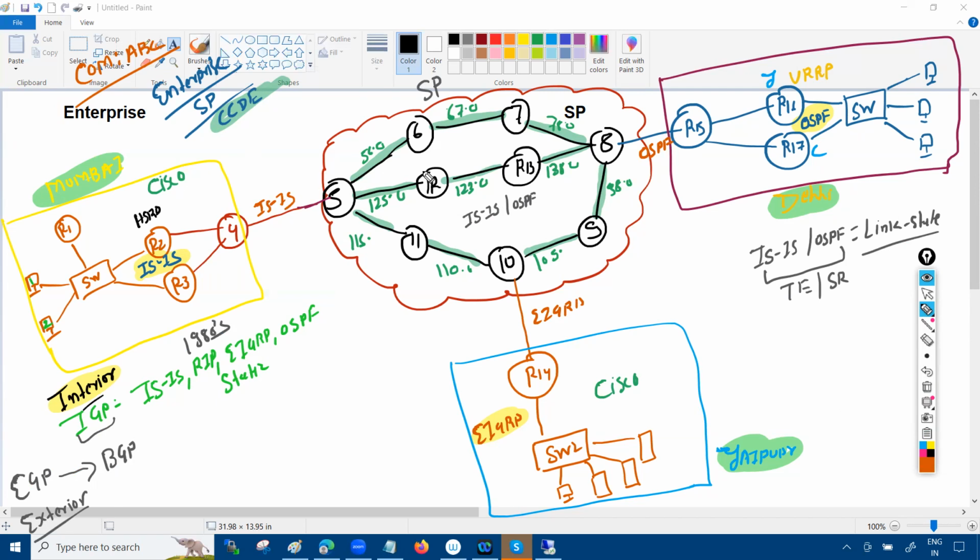In that case, you need to do a huge number of redistributions on router number 5 and router number 8. You need to do the redistribution on router number 14 and router number 10, because different routing protocols require redistribution.